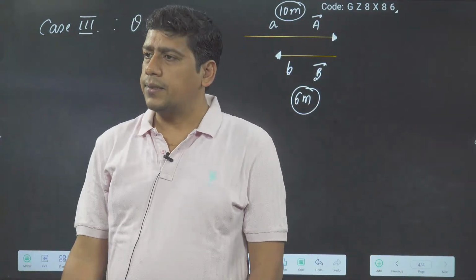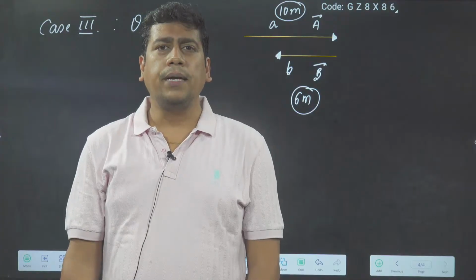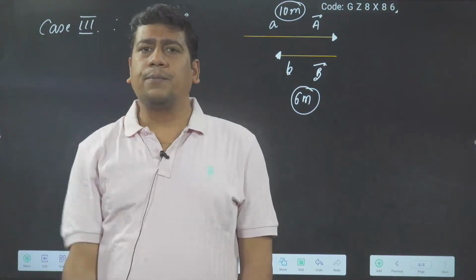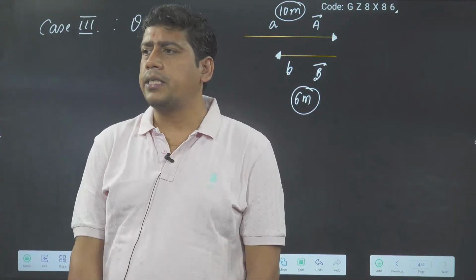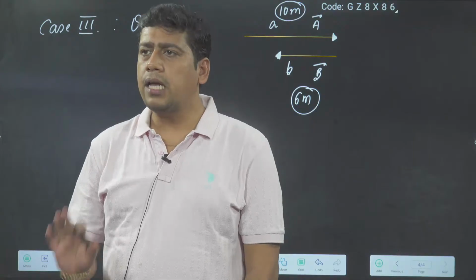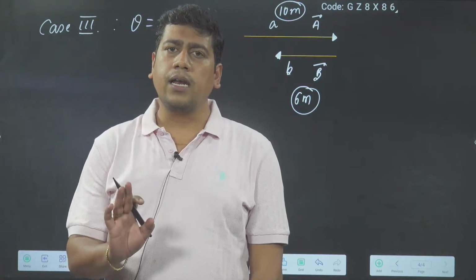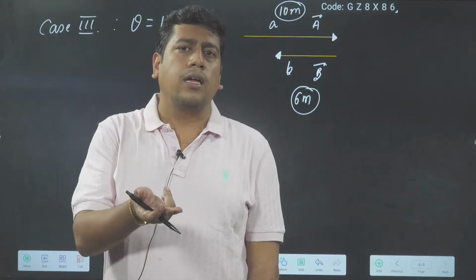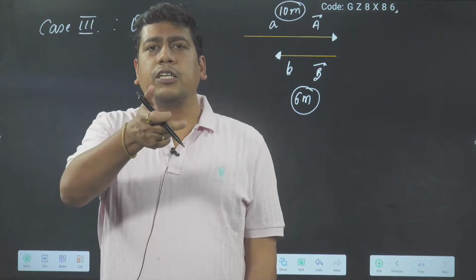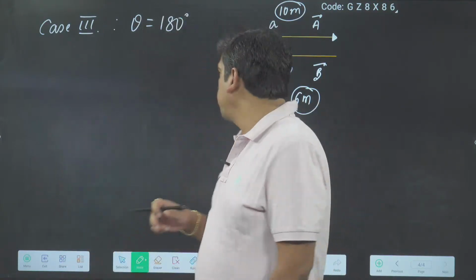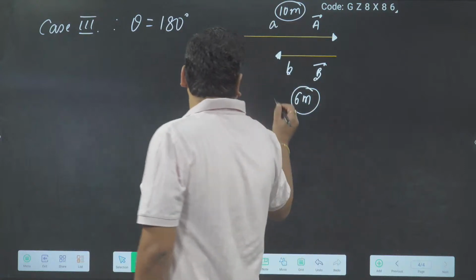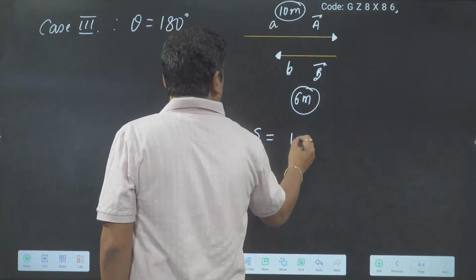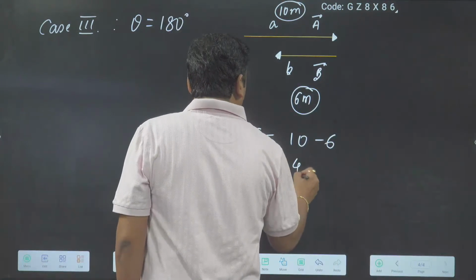What should be your answer? 10 meter right side, then 6 meter left side, what should be the displacement? 4 meter? Everybody agree? So we are subtracting, although we are doing the vector addition only. But the vector addition is equal to the subtraction of the magnitudes. So here the displacement will be 10 minus 6, 4 meter.